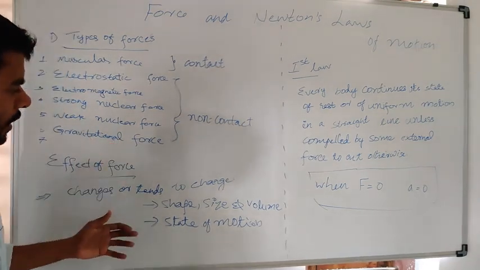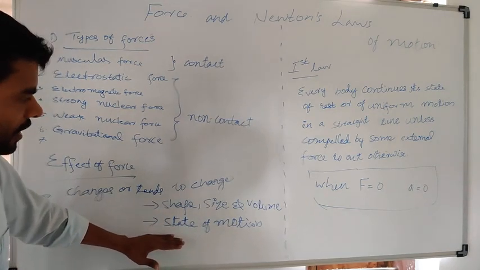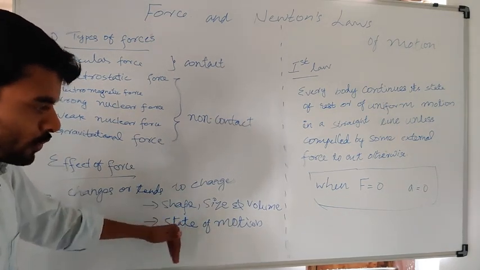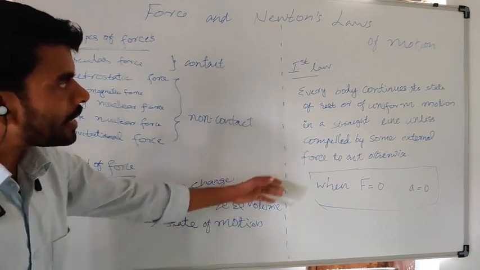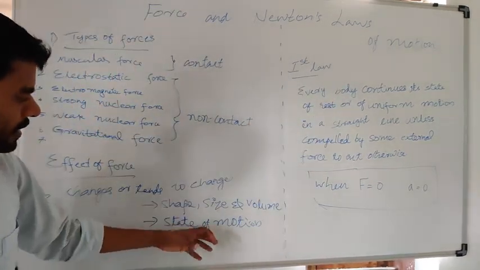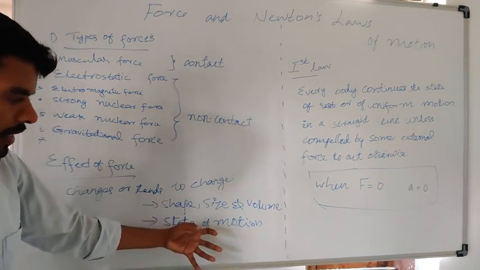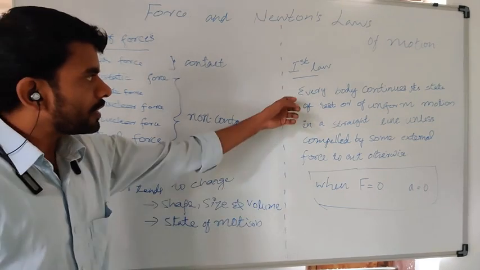Now we will discuss the relationship between the change of state of motion and the first law. The first law is deeply related to the state of motion of a body.